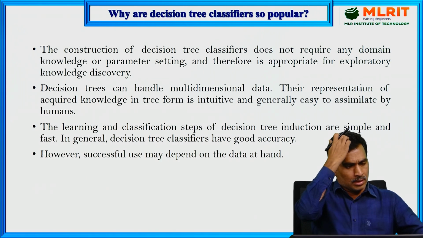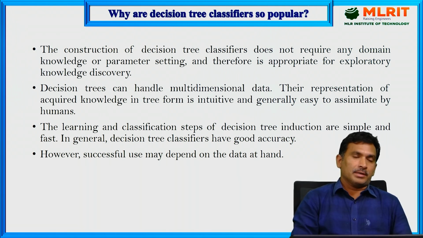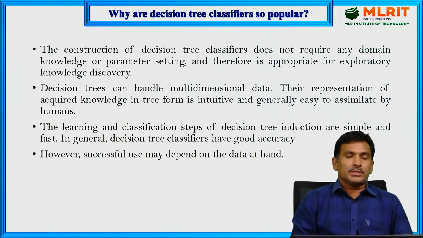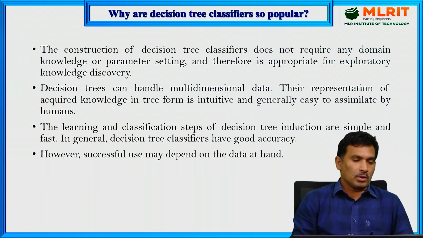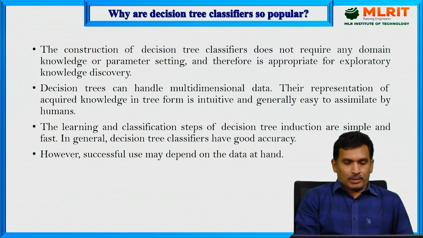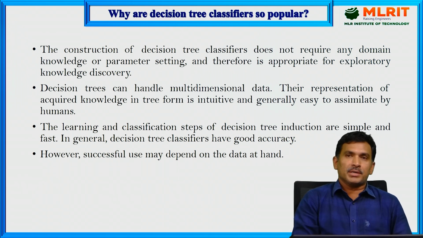The construction of a decision tree classifier does not require any domain knowledge. That is why decision tree classifiers are so popular. It only requires basic knowledge. Decision trees can handle multi-dimensional data.